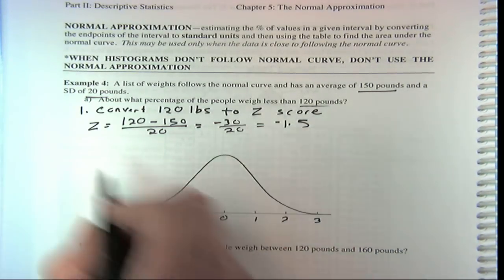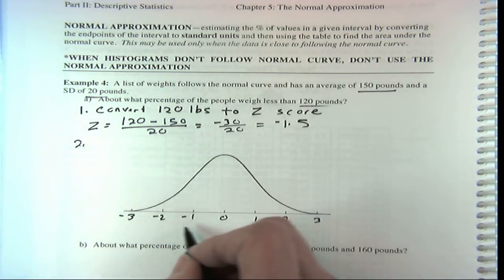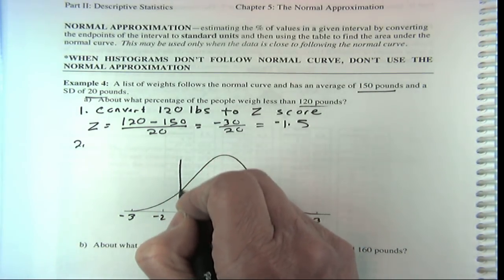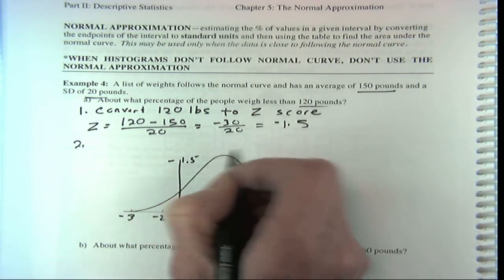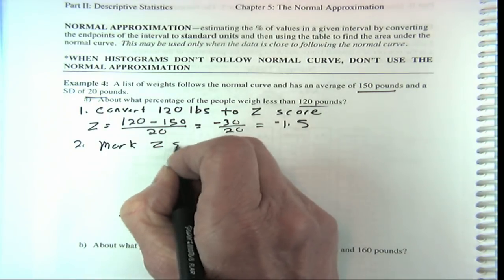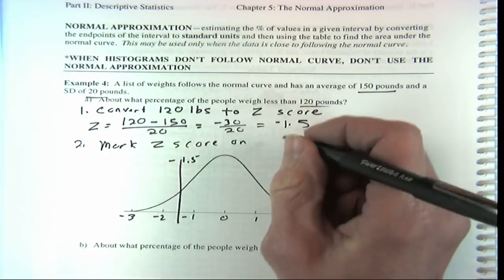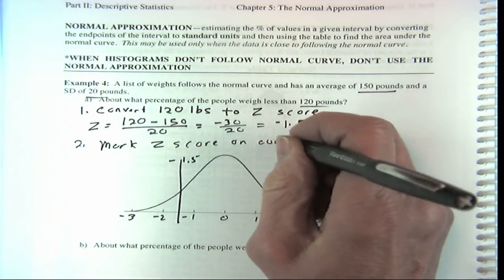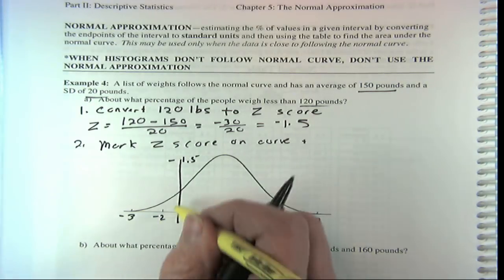All right, now the second step will just be, we'll mark that z-score on the curve, right here, -1.5. And let's shade this area that we want so we know what we want.